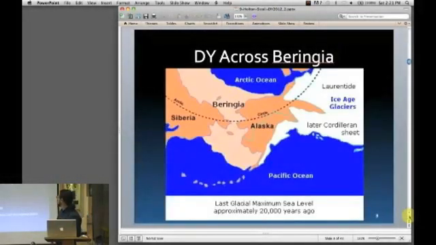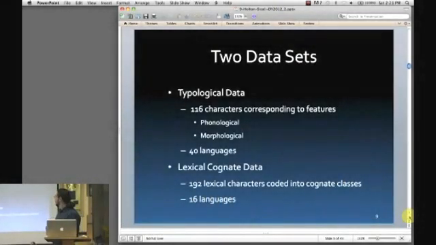One is the typological data, in which we've coded a matrix of 116 characters, which are phonological characters, things about the sound system, the organization of the vowel space, for instance, and then morphological data, so noun morphology, verb morphology, and the functions coded with the different morphemes. We've done this across 40 languages, across Athabascan, and 2 Yeniseian languages, Ket and Kott.